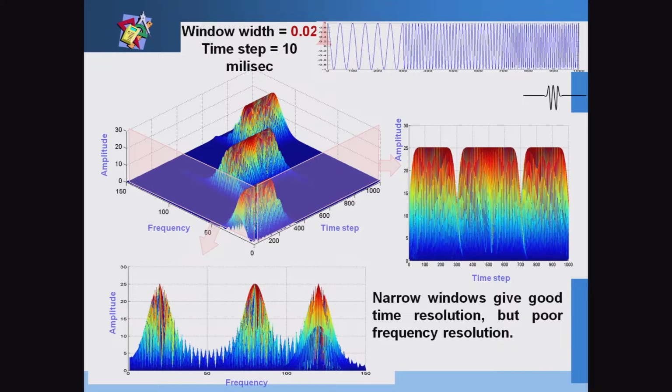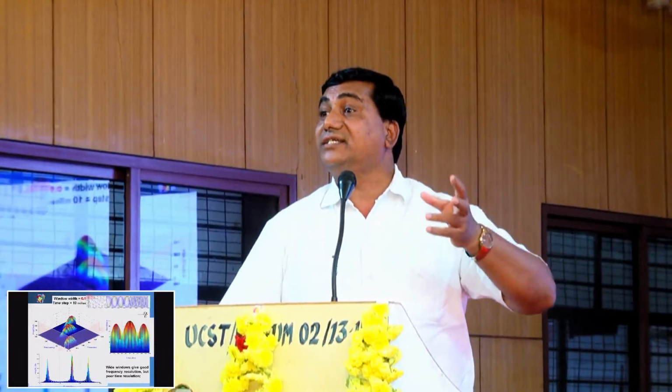If you use a narrow window, it gives good time resolution, but poor frequency resolution. Your window is narrow, but poor frequency resolution. This is the serious advantage and disadvantage of the windowed Fourier transform.